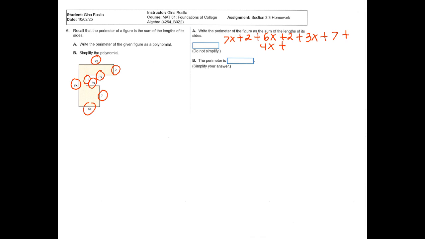Okay, this is for A. Yeah, because they said do not simplify, so you just write down the sides: 7x plus 2 plus 6x plus 2 plus 3x plus 7 plus 4x plus 9x.